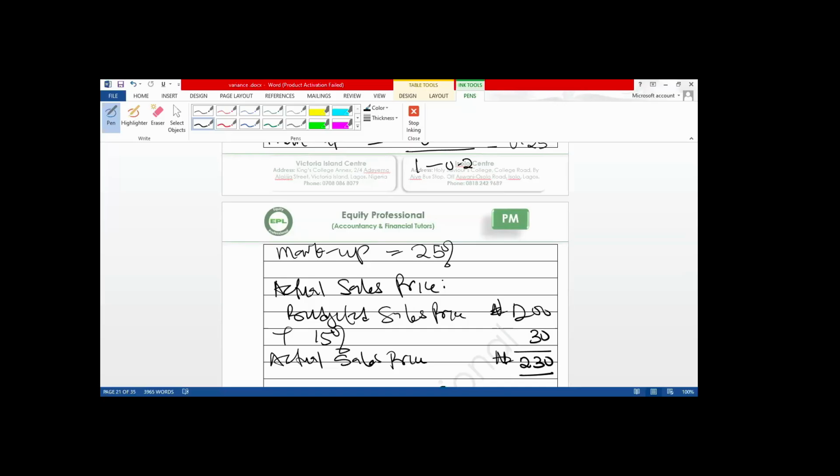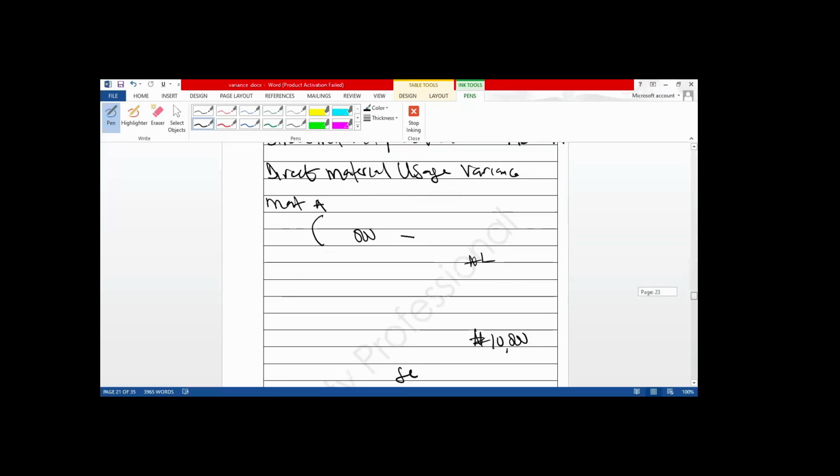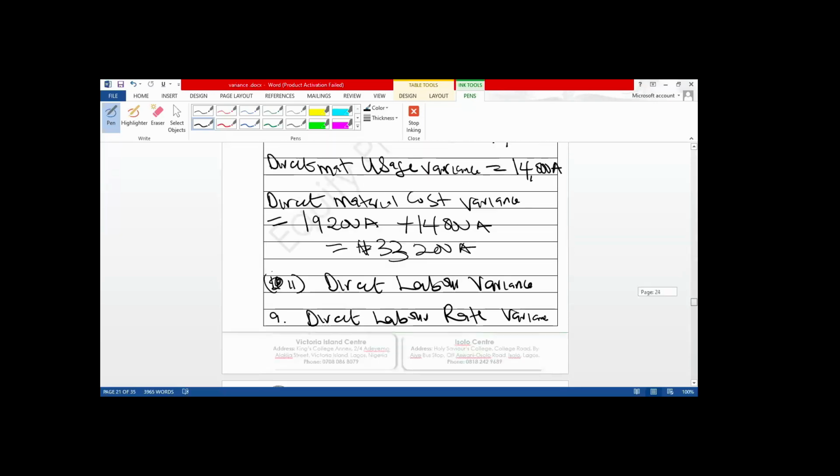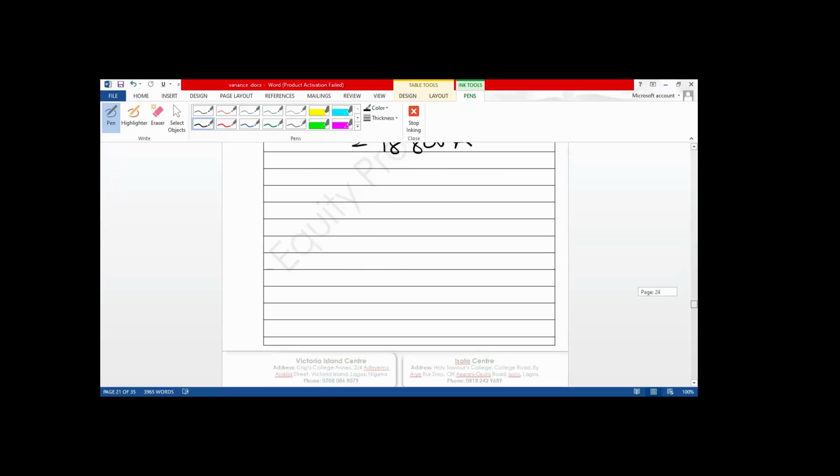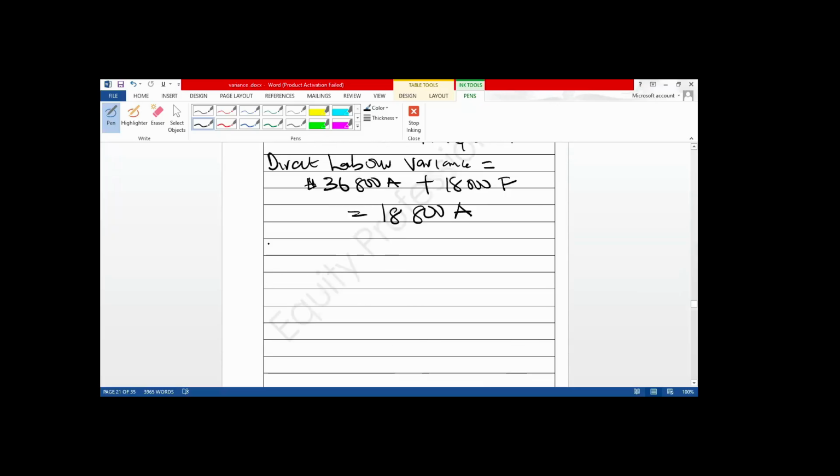In this question, we only have fixed overhead, no variable overhead. That means for my overhead variance, number 3, fixed overhead variance, I will divide it into 2.